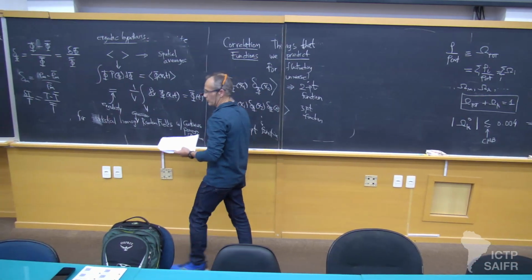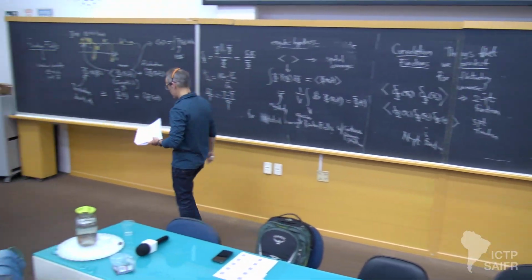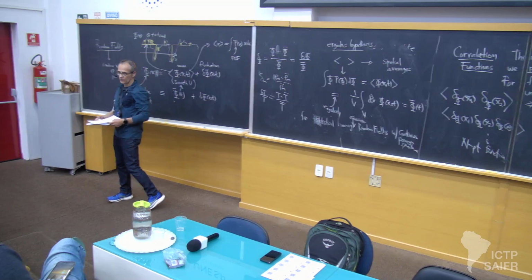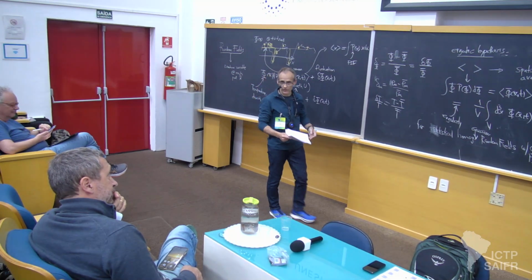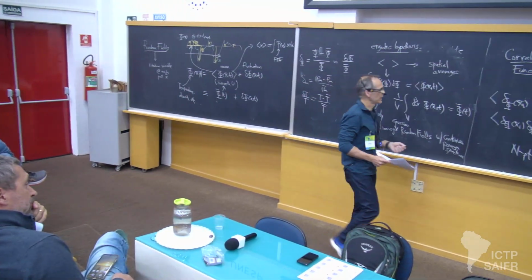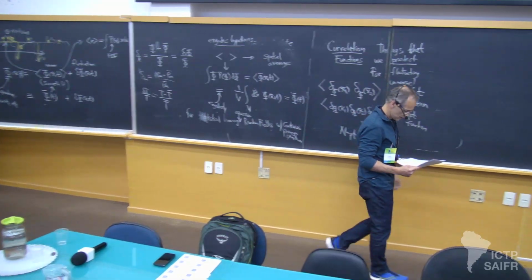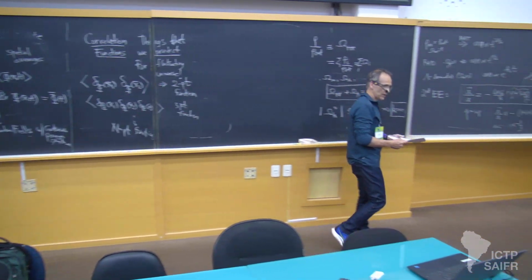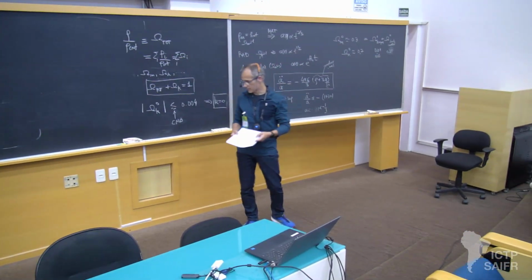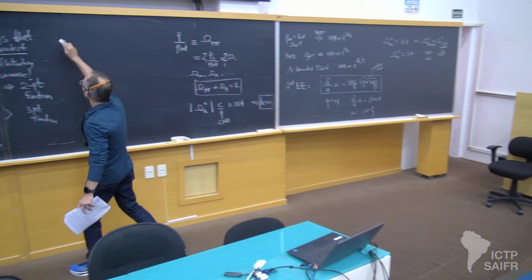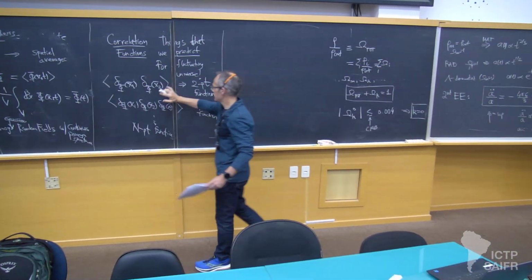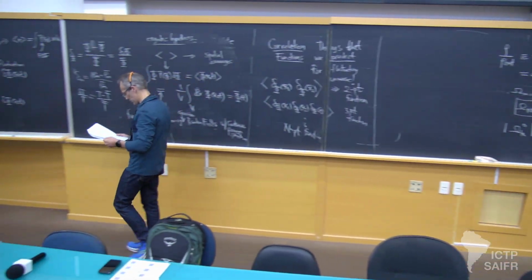It's also possible to build other statistical measures which are combinations of all the n-point functions, okay, which are some other type of statistics, which I'm not going to get to in these lectures. So this is what we want to measure and predict.